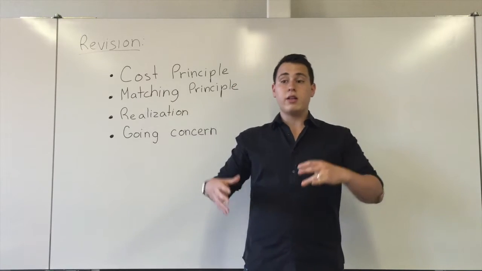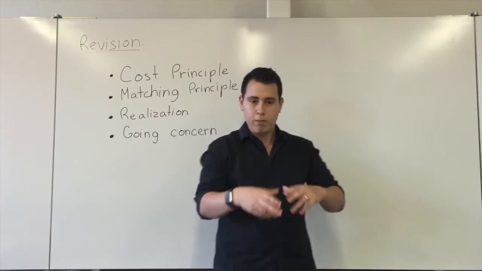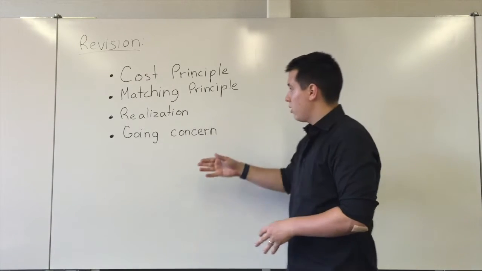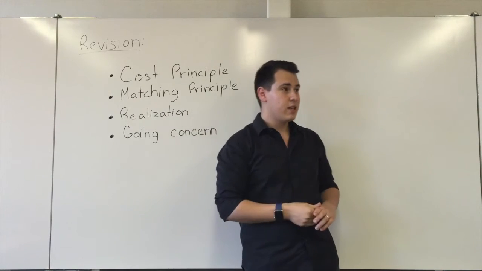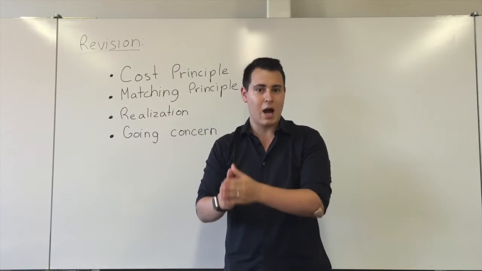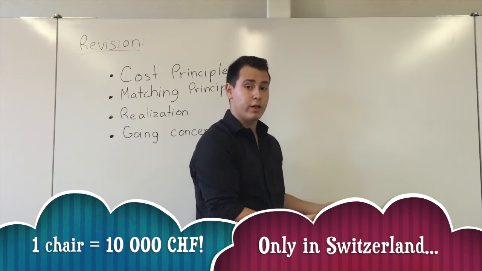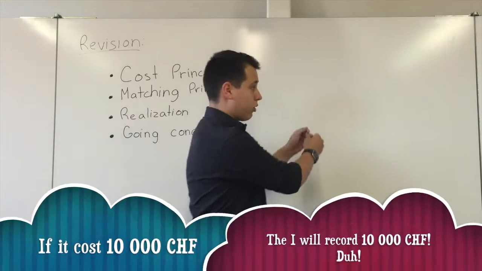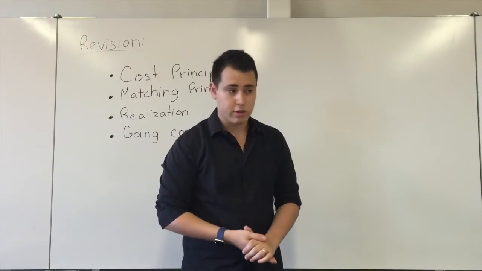In the opposite case, you would be recording the price you want or the cost you want. But that's why we have the cost principle. The cost principle says that if I agree with the supplier that I'm going to buy a chair for 10,000 Swiss francs, then I'm going to record 10,000 Swiss francs. I'm not going to buy the chair for 10,000 Swiss francs and record 12,000 Swiss francs here. That's the cost principle.